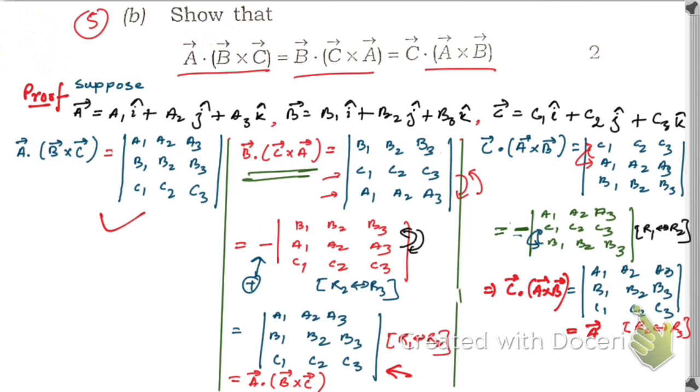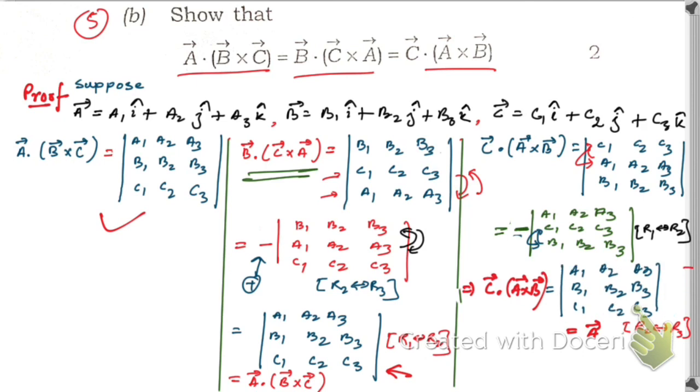So that's why we have got now, just let me do a little bit of adjustment here. Here we have interchanged R2 and R3, row 2 and 3, right? And doing so, we have got A dot B cross C, right? So if you compare these three results, all these three are equal. So that's how we can prove.